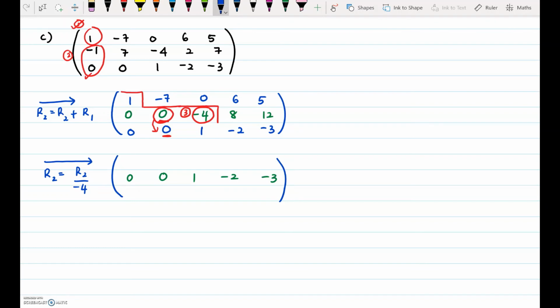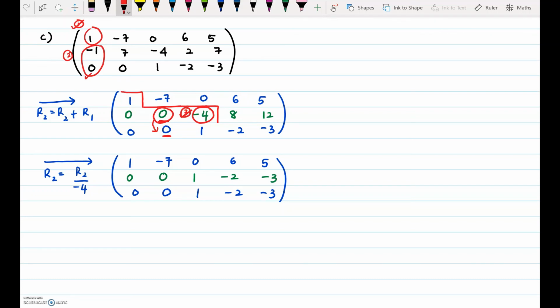And the rest we have 1, -7, 0, 6, and 5, 0, 0, 1, -2, and -3. So now you have done your third step.